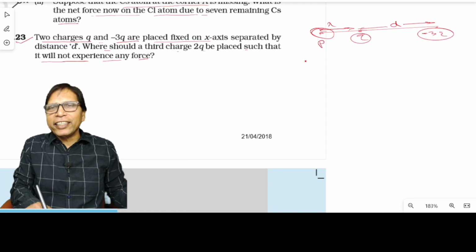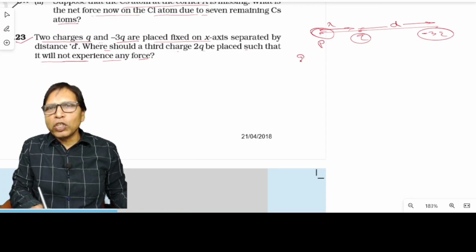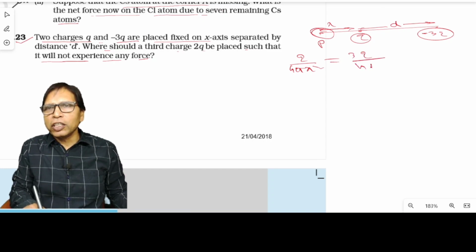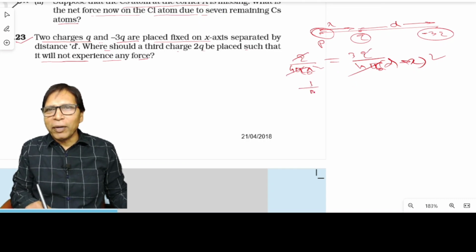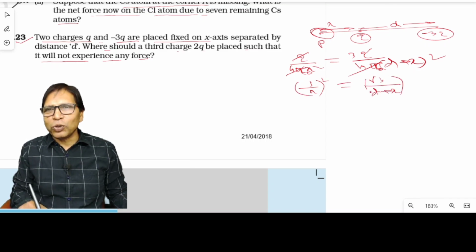The electric field is 0, so Q divided by 4 pi epsilon naught x square equals 3Q divided by 4 pi epsilon naught into d plus x whole square. The 4 pi epsilon naught and Q cancel out, so 1 by x square equals 3 divided by d plus x whole square.